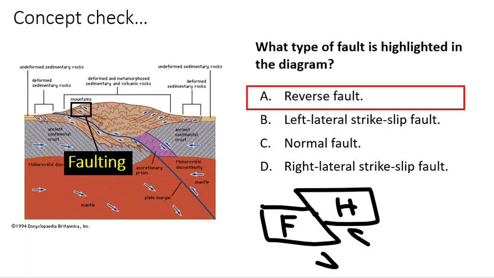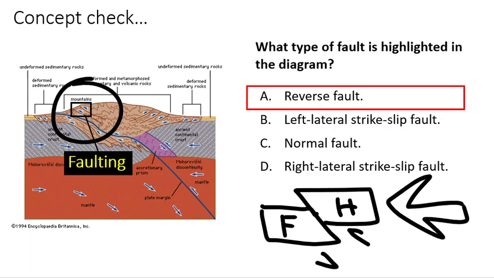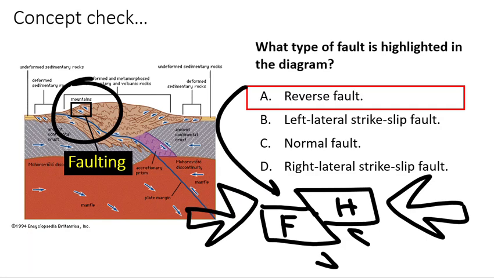And that's what's happening in the area that I've highlighted here. And you might also remember that reverse faults form as a result of regional compressive tectonic stress. So if the rocks in an area are being squeezed together in compression horizontally, reverse faults will be the result.